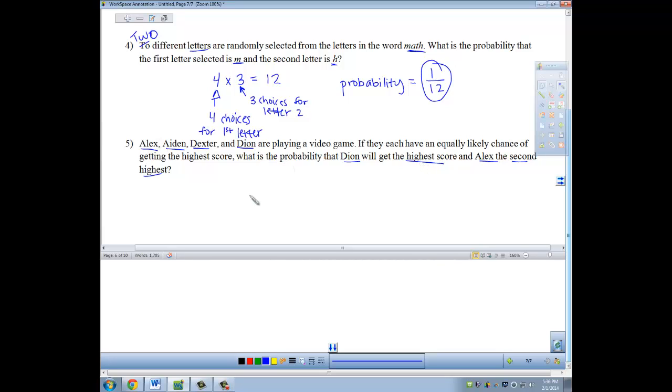But we start off with 4 choices, so 4 people can get first place, and 3 people can get second place, so that gives us 12 outcomes. So again, our probability is going to be 1 over 12. And that's it. So if you're being asked for the probability of a permutation like this, just put it under 1 and you're good to go. And that's it.